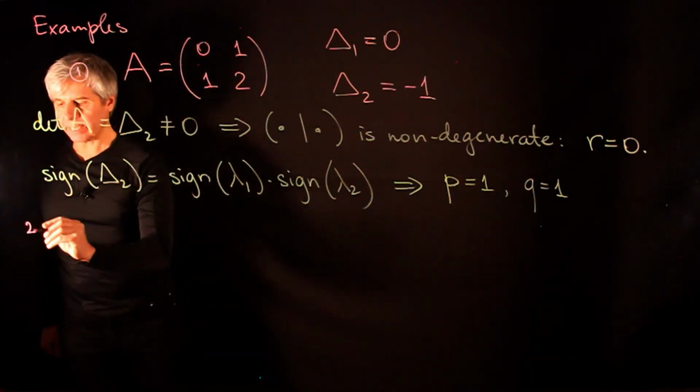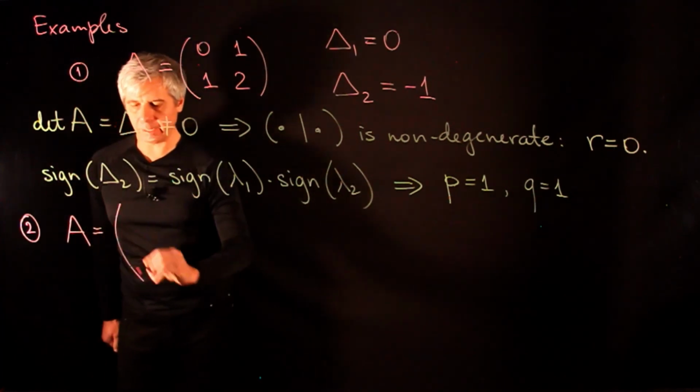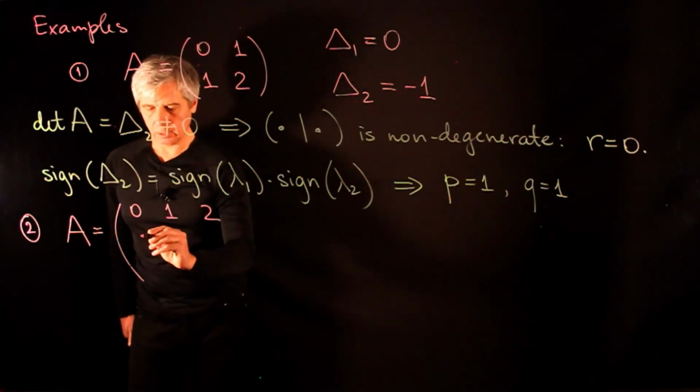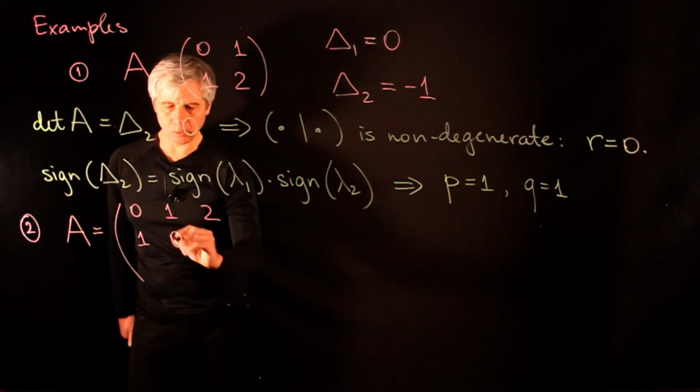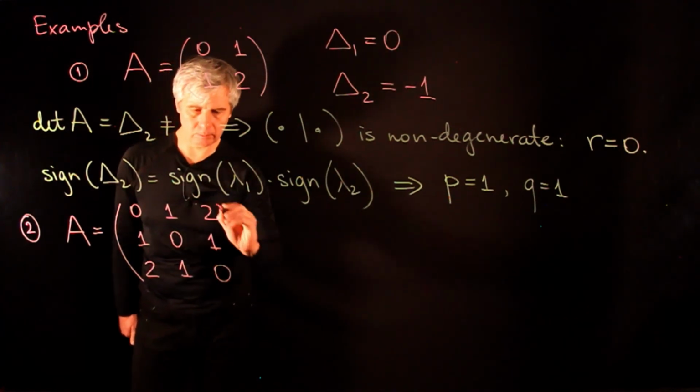Let us consider a second example. Let A be the following matrix of a bilinear form: 0, 1, 2, 1, 0, 1, 2, 1, 0.